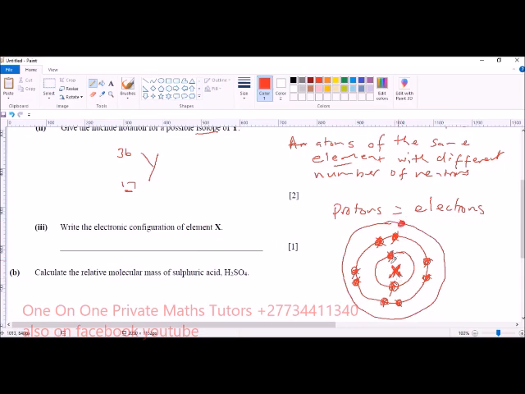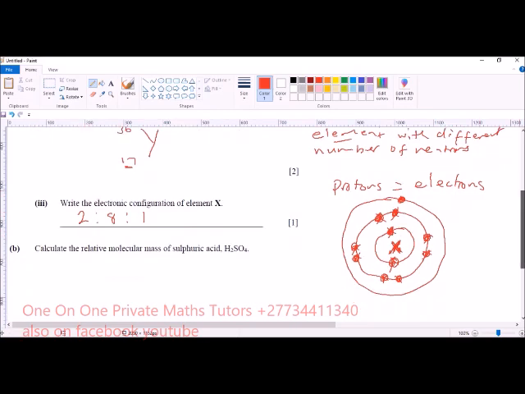So it's 2 for the first, 8 for the second shell, and then 1. So we should have 2, 8, 1. That is the electronic configuration. Electronic configuration means how the electrons are placed in the shells as we go from the inner shell going out. So this is the electronic configuration for our element X.